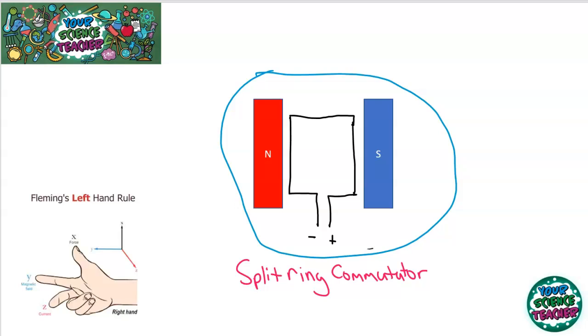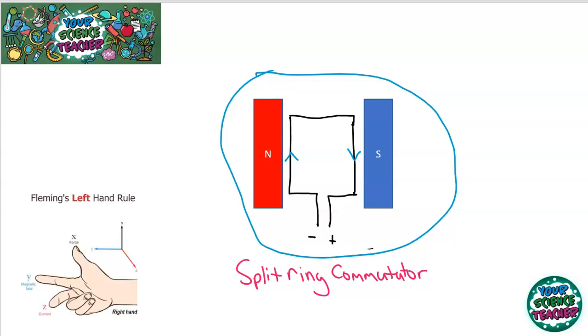The first thing I like to do is look at the charges on my current source here. It says that it's negative here and positive here, and electrical current flows from the negative terminal into the positive terminal. So that is the direction of my current.